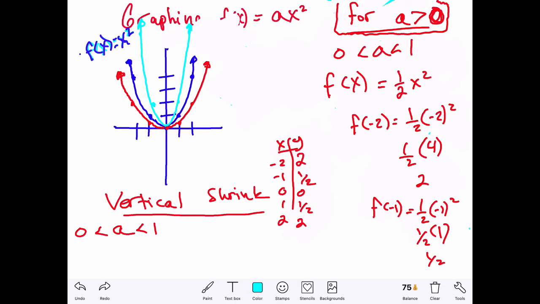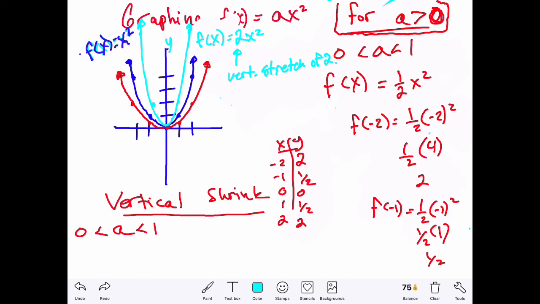Now, our light blue one, if we recollect, was f of x equals 2x squared, and we called that a vertical stretch of 2. Vertical stretch made it taller and thinner towards the y-axis.